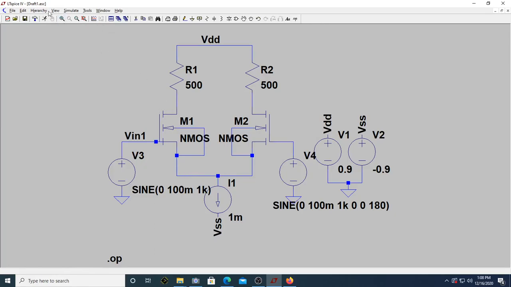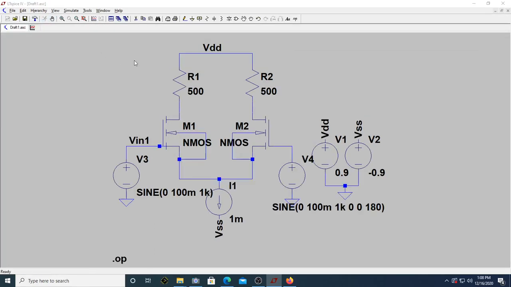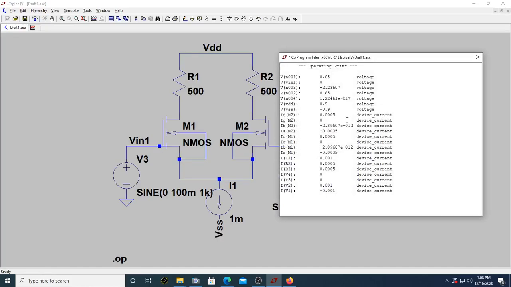So that can be verified here. This is through M2. You can see similarly through M1 it is half of the current. So this is 1 milliampere. Over here it is 0.5 milliampere and 0.5 milliampere, which is true here. And then of course you can measure what is the VGS and all those stuff.